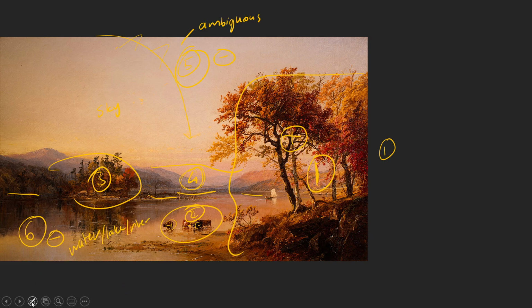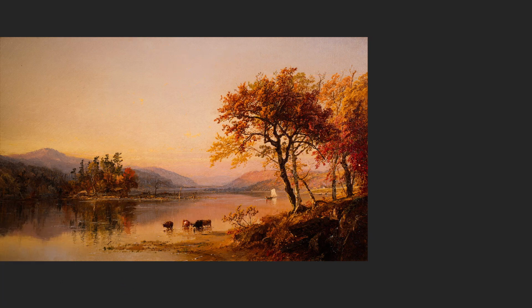But when you look at it, just look at it as positive and negative space, right? These are all positive, right? And this is negative space, this is negative space, right? And this is also positive space. But you notice here, the mountains are disappearing into the sky, right? So this is what we call ambiguous.